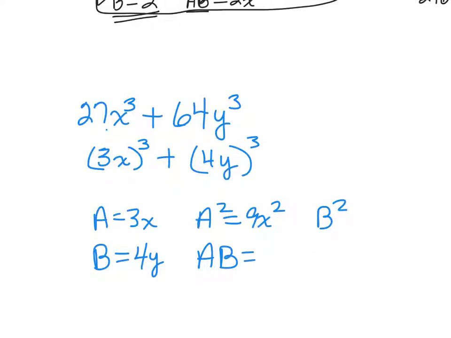Why don't you tell me what AB is going to end up being? It will be 12xy. It'll be 3x times 4y. That's right. And b squared will be 4y times 4y, or 16y squared.